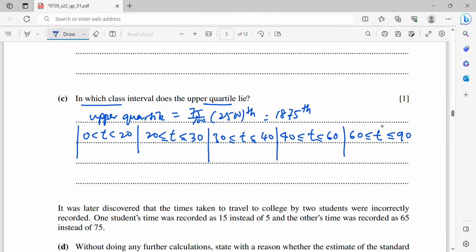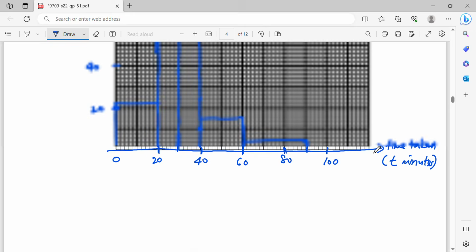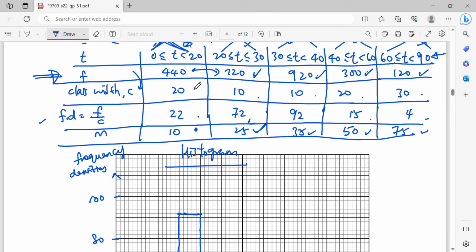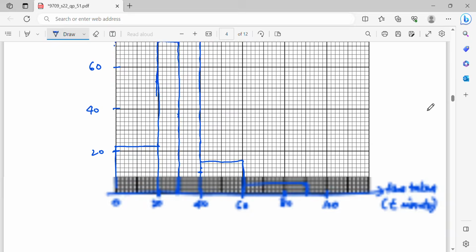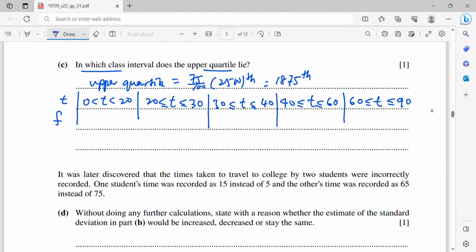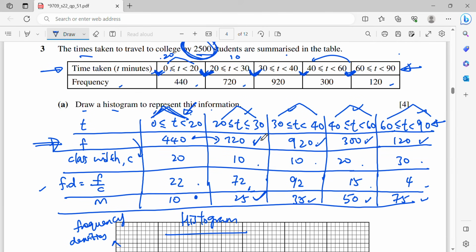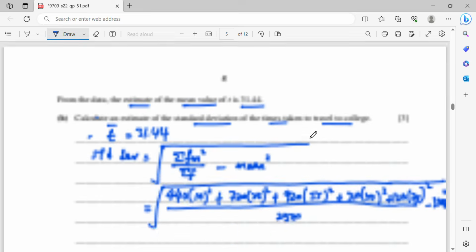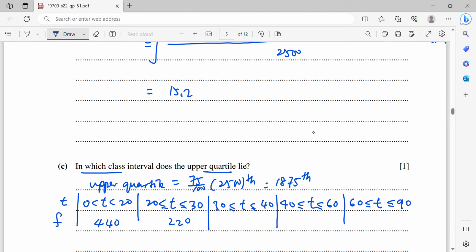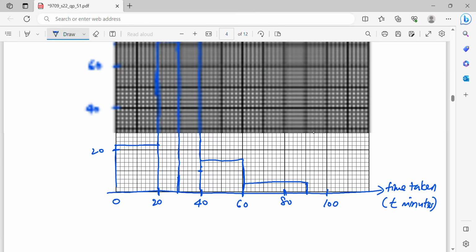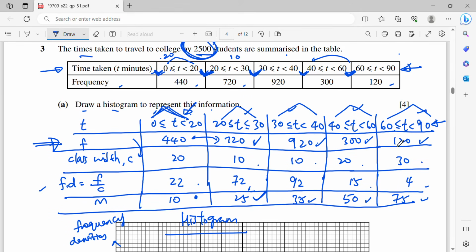Here is the f, so I will just rewrite it. My f is 440, 220, 720, 920, then 300, 120. I will just copy back all the values.